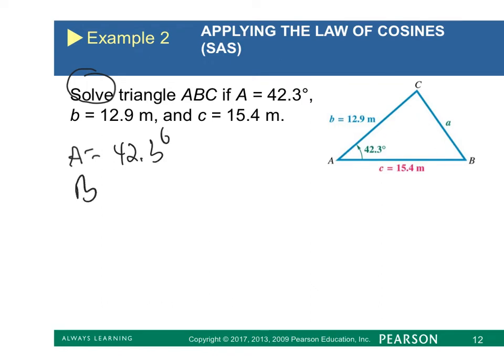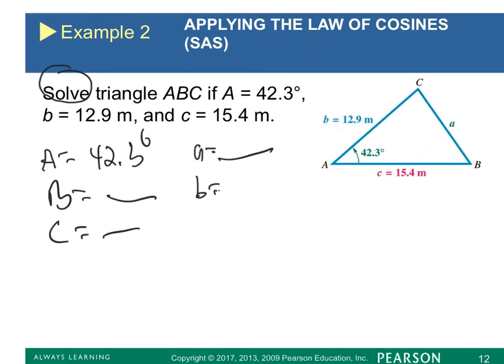I don't know angle B, and I don't know angle C. I don't know side A, but I know B is 12.9 meters, and C is 15.4 meters. So the law of sines won't work for this problem. When you have the angle sandwich, it's a good candidate for law of cosines.